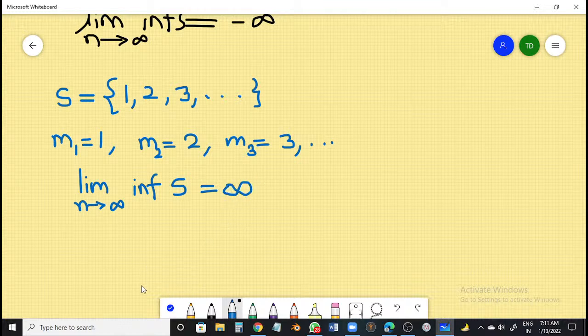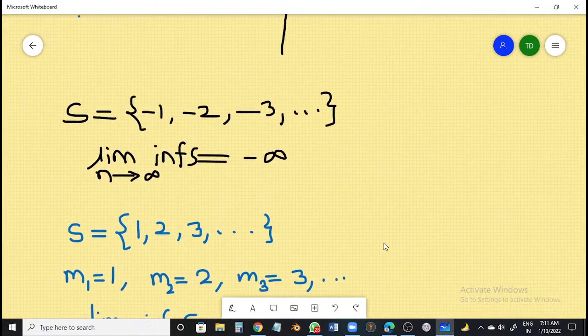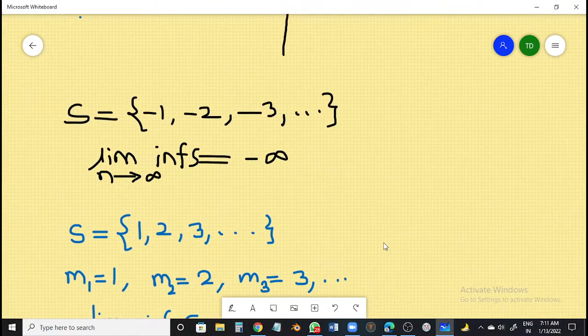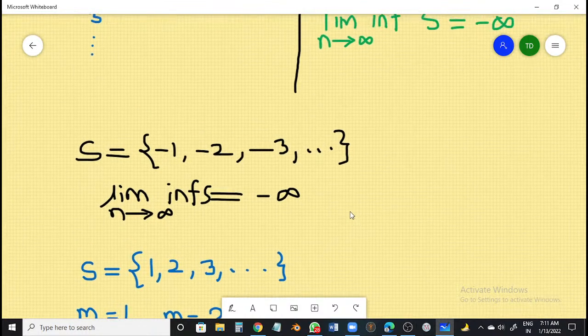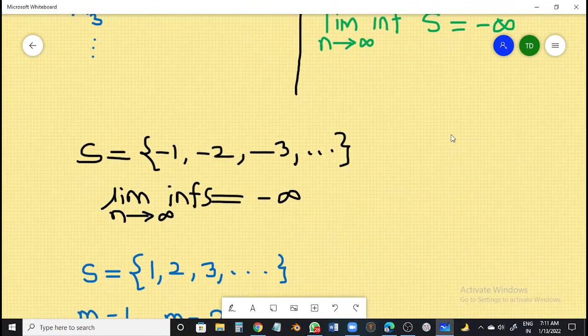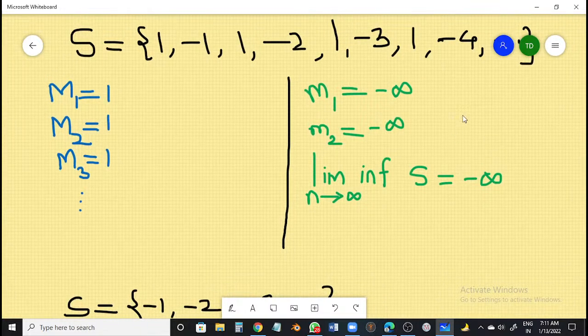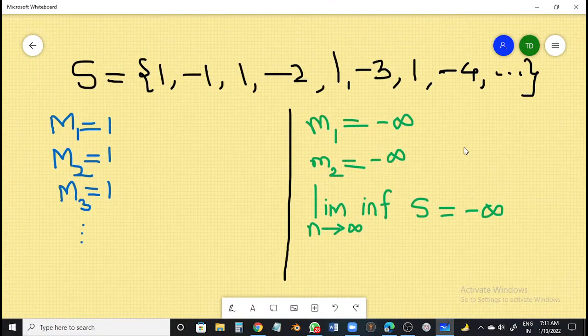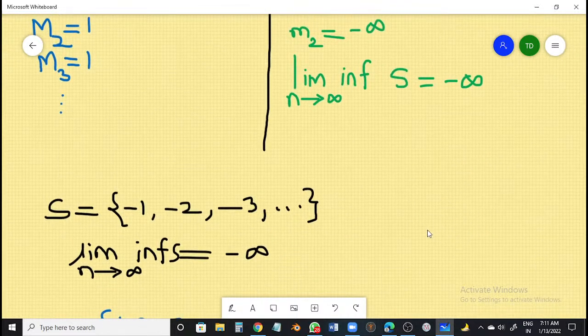So the value goes to infinity. In this case, I'm extremely sorry. m1 is the infimum. Yes, it's right.